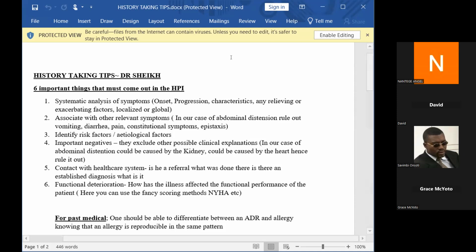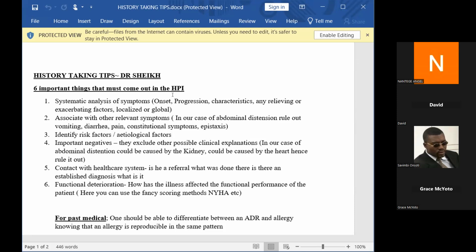So if you compare with the sample history we just went through, we have a cough. Then there was a systemic analysis of the cough. We got the onset, the progression, the characteristics of the cough, initially dry and then productive. We also got relieving and exacerbating factors, exacerbated by exposure to the cold and exertion.